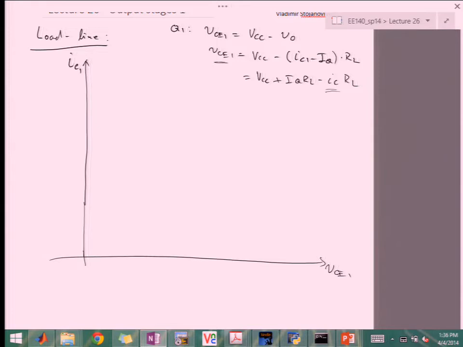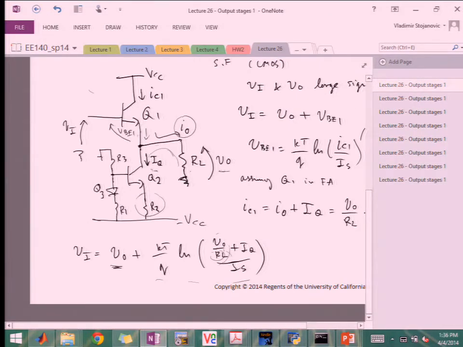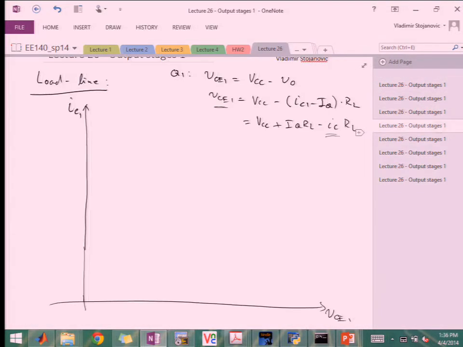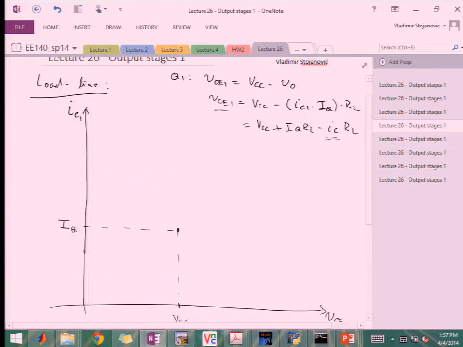So if we assume the quiescent operating point of this output, and you take a look here, it's for Vout equals 0. That's our DC or steady state point. Then VCE will simply be VCC. And for that value, Iout will be 0, so IQ will be the value of the collector current.